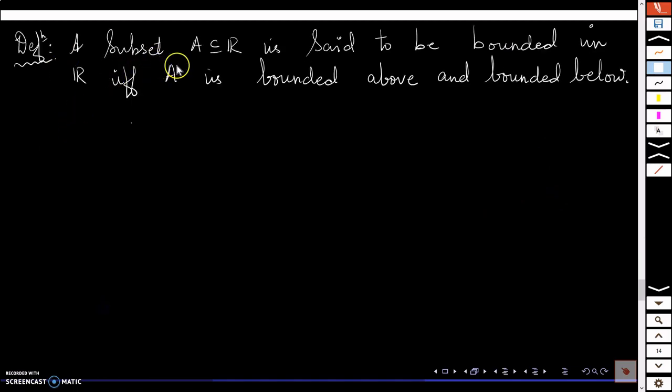Next, we have a definition of a bounded set. We had already seen this definition when we spoke about bounded above and bounded below sets. But I want to give this expression in terms of absolute value. So we will just recall the definition of a bounded set, right?